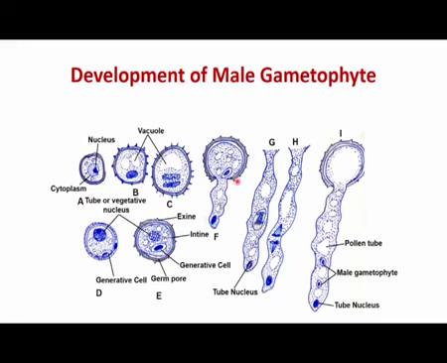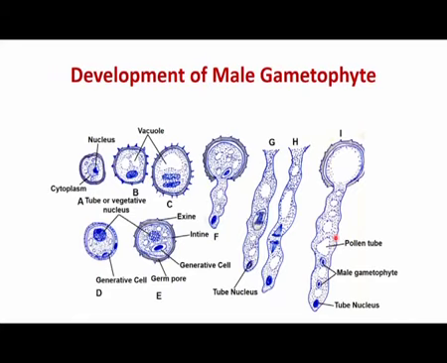While this is happening, the nucleus present in the pollen tube migrates towards the end of the pollen tube, and then the generative cell divides to form the two male gametes.